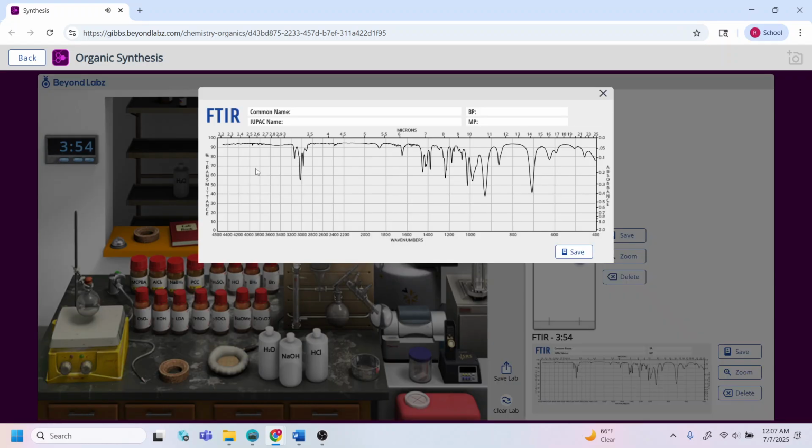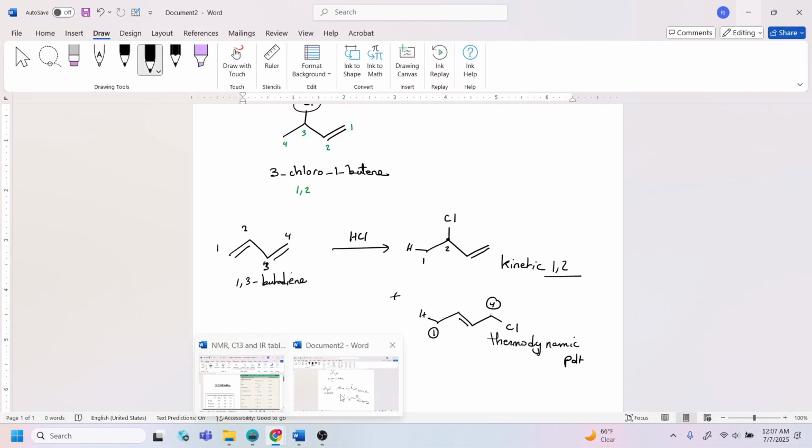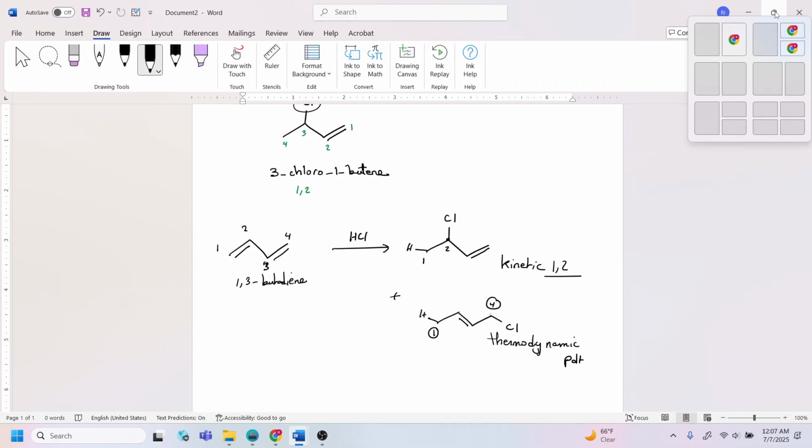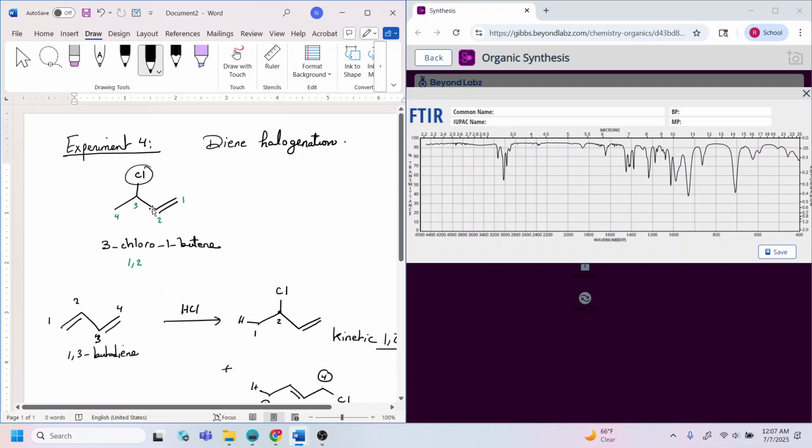So we're going to do the IR, and again, you read your IR from left to right. Because we are looking for, let's go ahead and put them side by side. So this is what we are looking for over here.